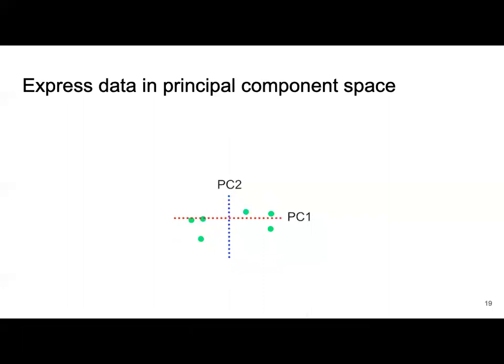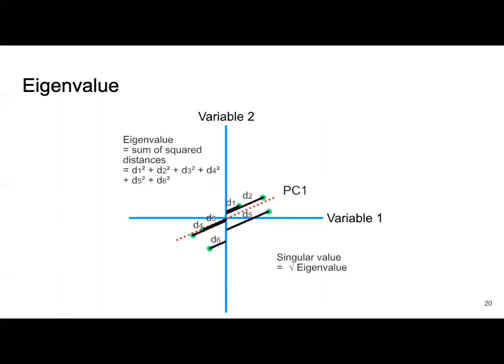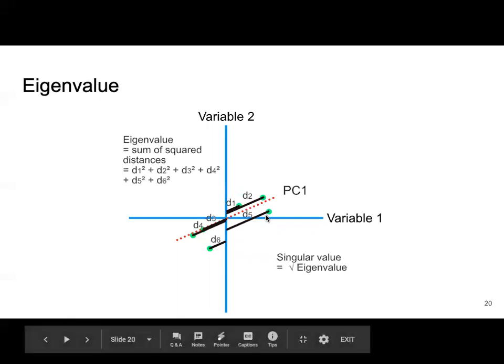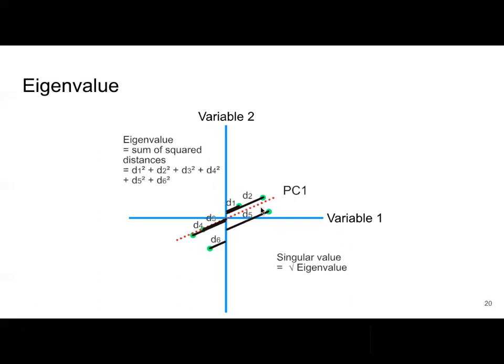Okay, so then there's just one more set of terminology that I'm going to go through before we get to the MATLAB example. When you have your data points plotted, this is in the original space, not in the principal component space, you can estimate something called an eigenvalue.